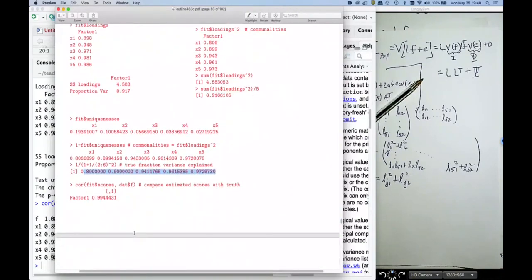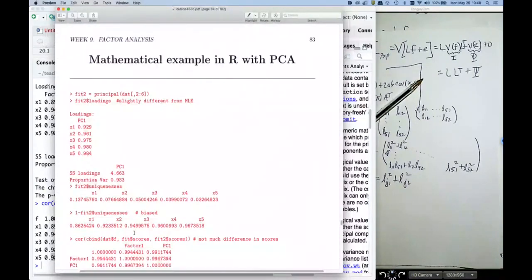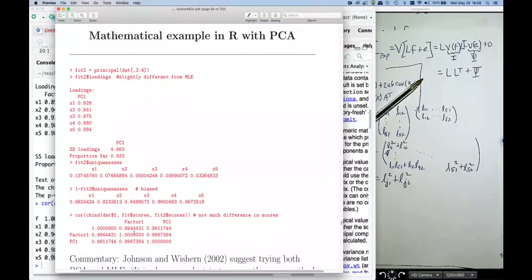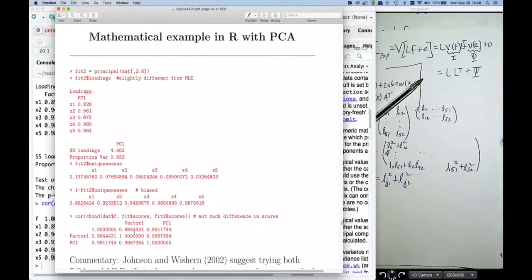All right. I've also run this with PCA, and what you'll see is that PCA really doesn't get the estimates of the uniquenesses or the commonalities right.